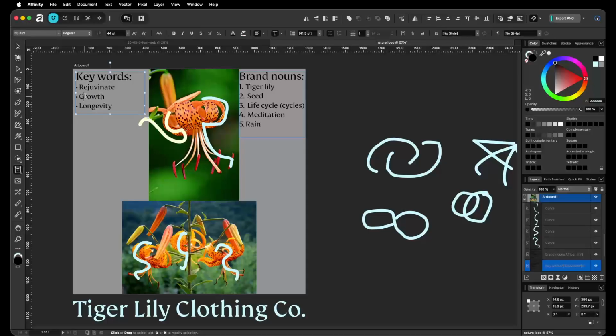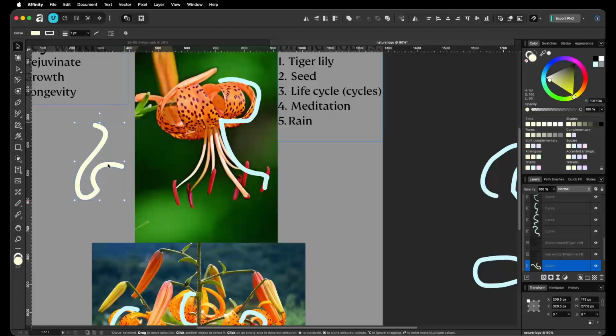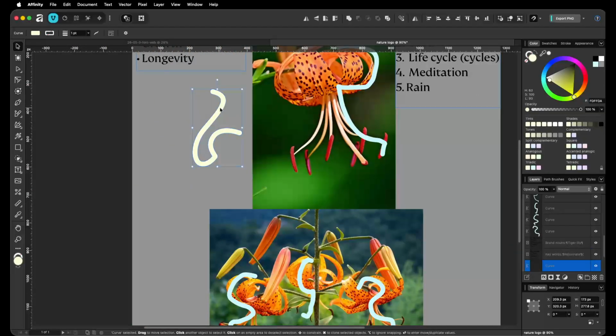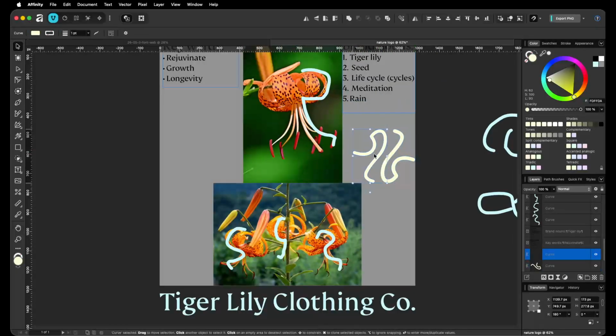And then remember over here, I was saying the connection relationships, or in other words, maybe like growth or rejuvenation. One of the nouns that we have is cycles, so all of these things kind of just become interrelated. If I take this and I put it upright and I duplicate one, flip it completely around and set it next to it, that makes a pretty interesting logo mark.